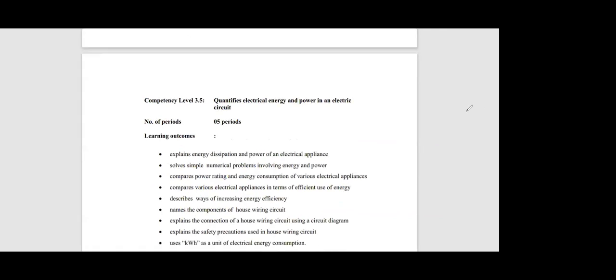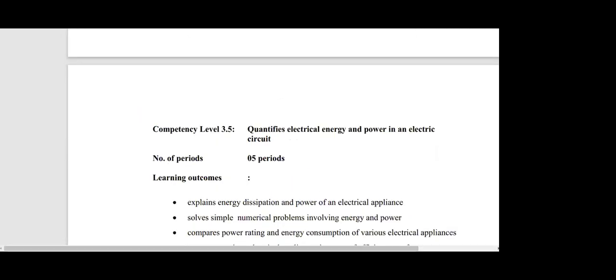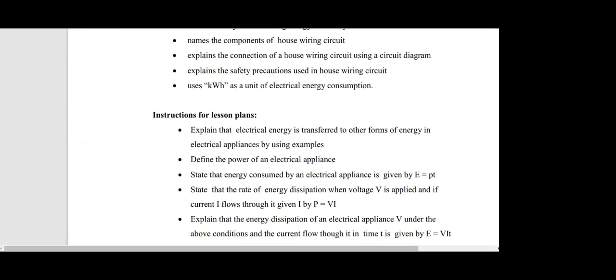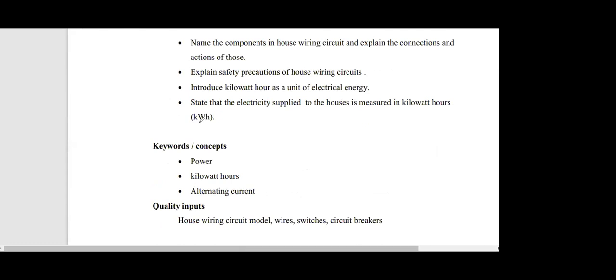You can see the teacher's instruction manual, competency level 3.5. You look at the other side, this is what they could ask in the exam. So this is the teacher's guide, teacher's instruction manual.